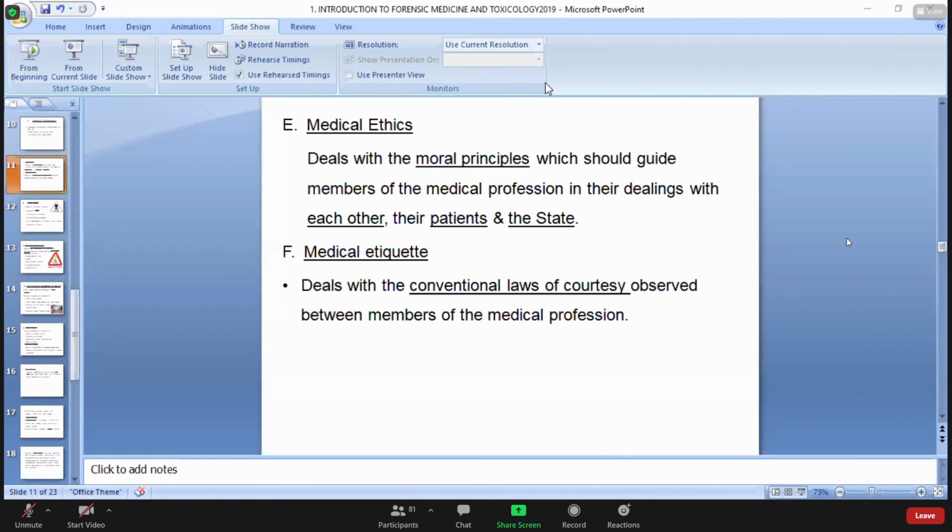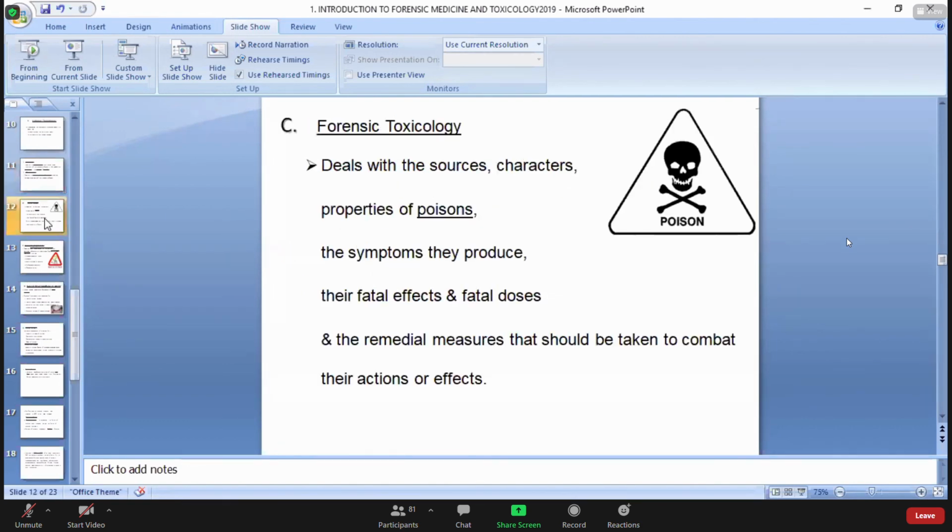So that is medical etiquette, which deals with the conventional laws of courtesy observed between members of the medical profession. I think I've covered it all now.